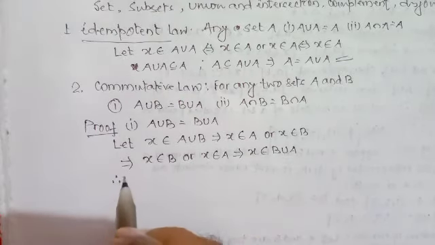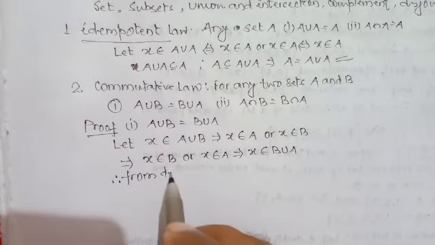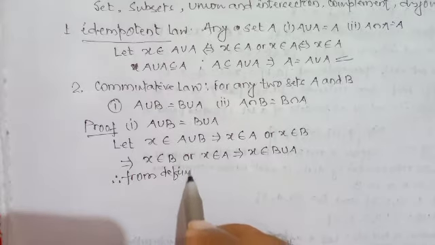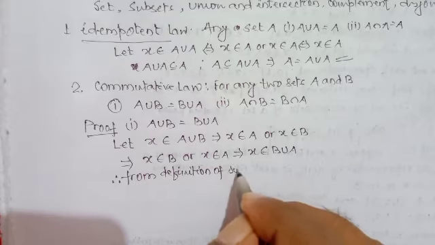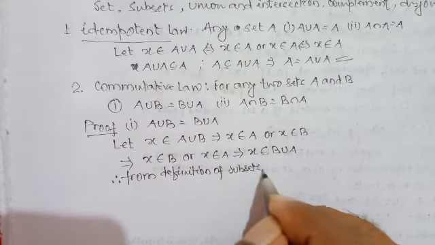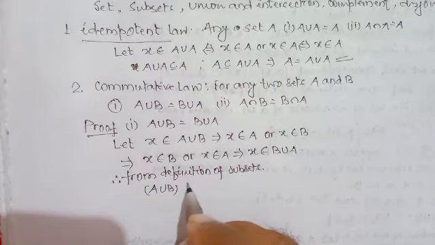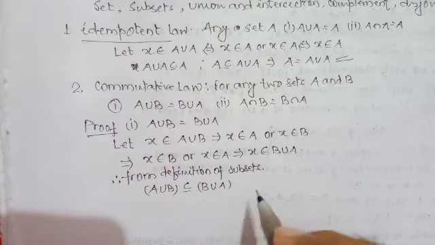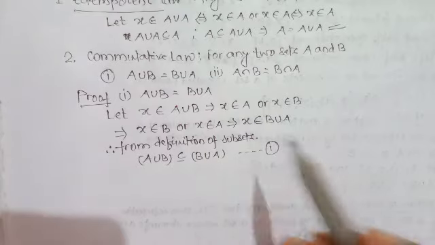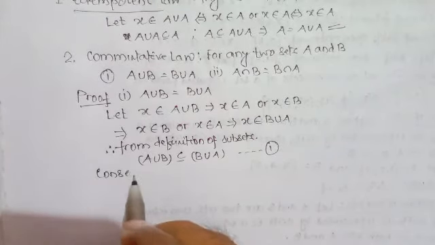Therefore, from the definition of subsets, A union B is a subset of B union A. This is your relation 1. On the other hand, again consider another element.